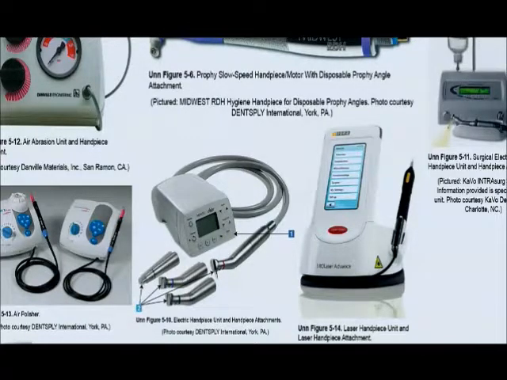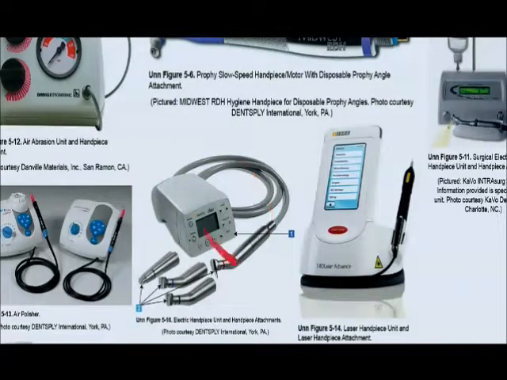And this has sterile water that is plumbed right to it, because as we learned a couple weeks ago, we can't get sterile water out of a dental unit because of that slimy biofilm that's inside the tubes. This is a laser handpiece that's good for hard and soft tissue.